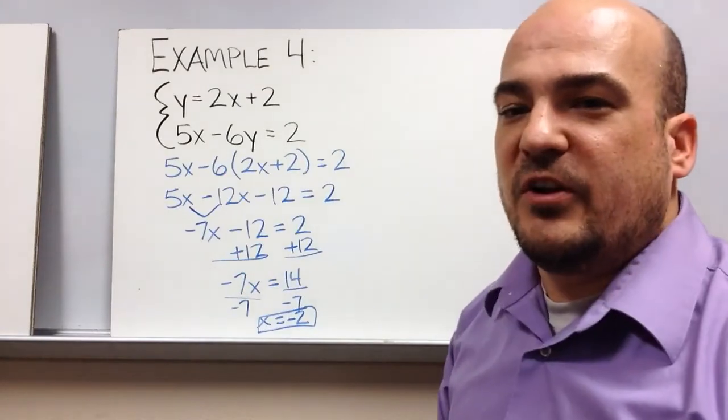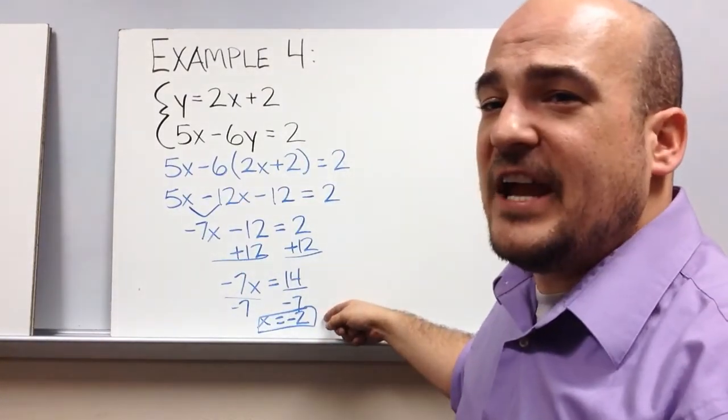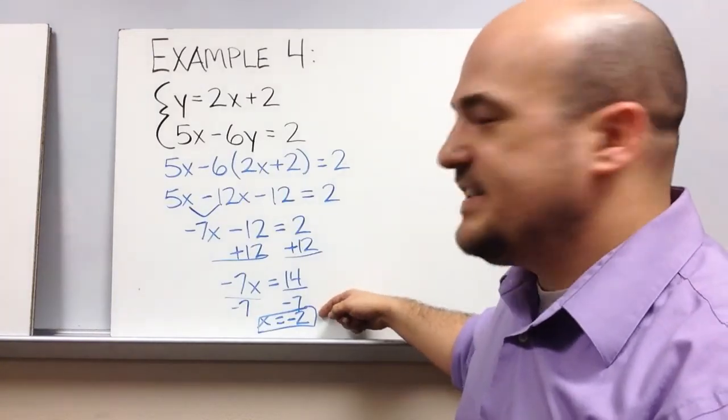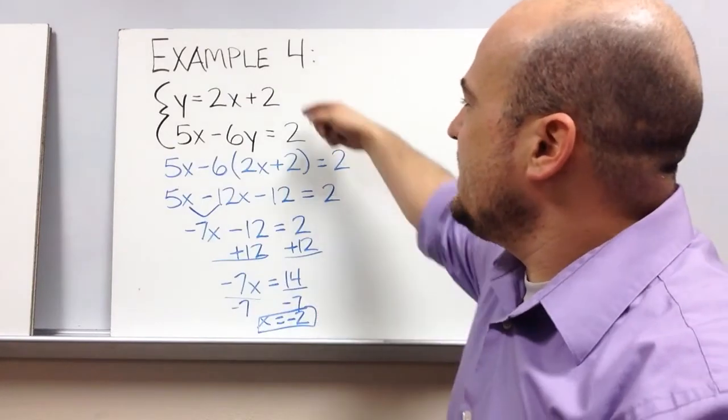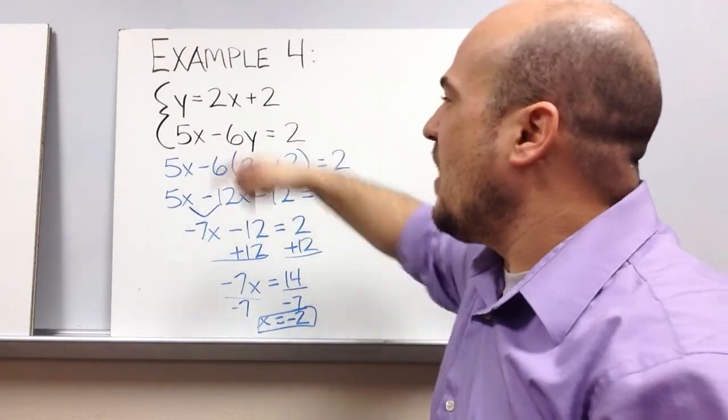I ran out of room there a little bit, but I end up with x equals negative 2. I know my x value now. Now I need to plug that in. I'm on to step number 3 now. I need to take that x value, plug it into the first equation, the one that I started with, and find out what y equals.